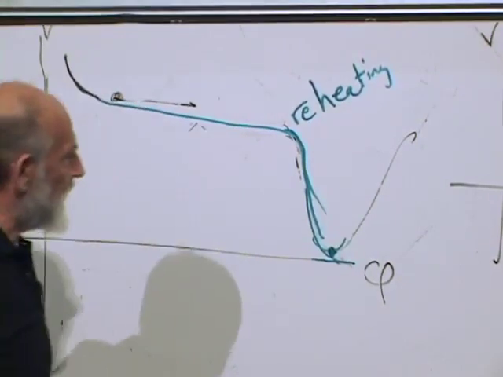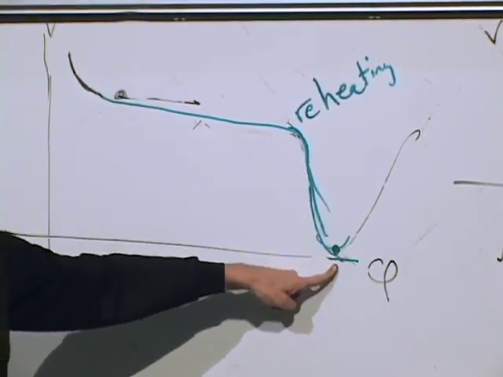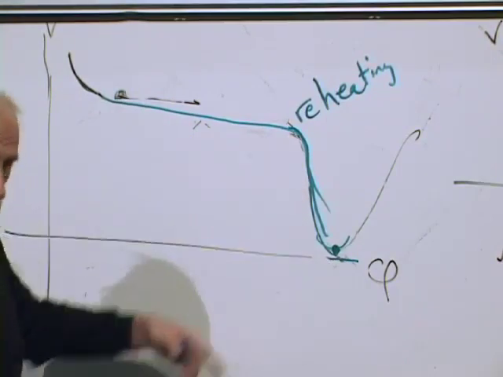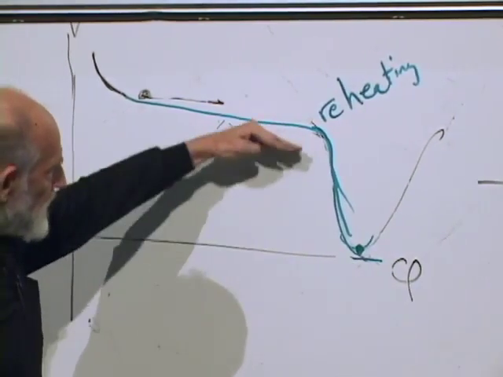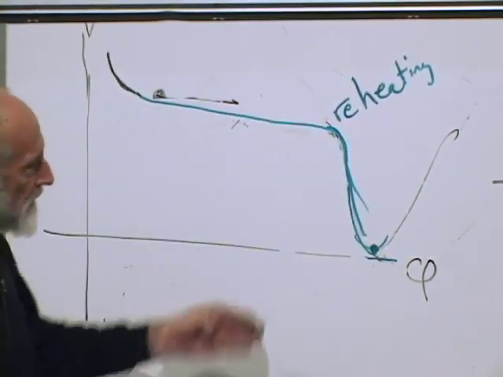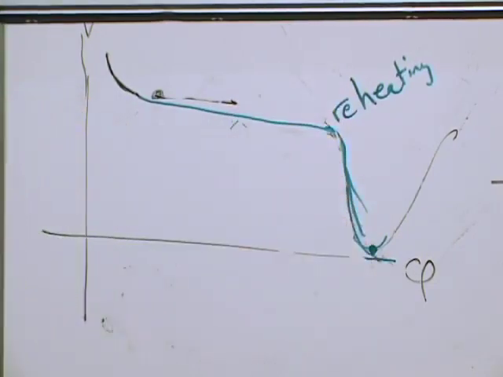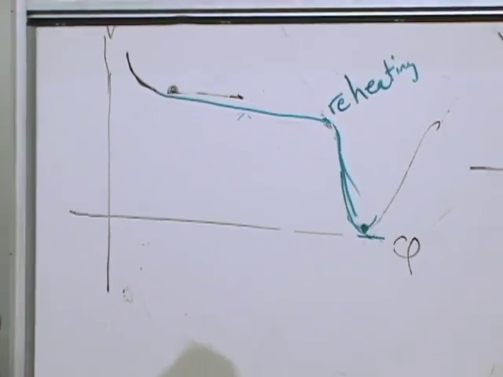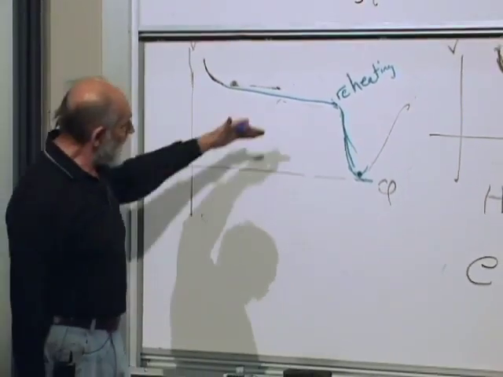Why is it called reheating? This happened rather suddenly. When a thing like this happens rather suddenly, the energy that was stored in the field is rather quickly converted to some other form of energy. When you fell off the cliff here, just like that eraser when it hit the floor, its potential energy was converted to heat.